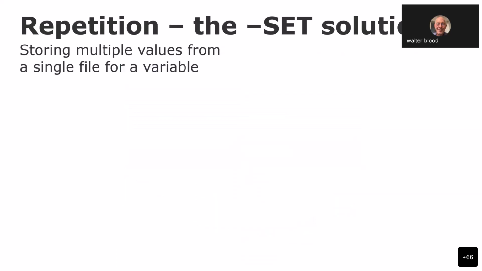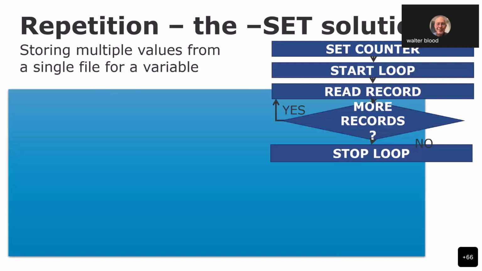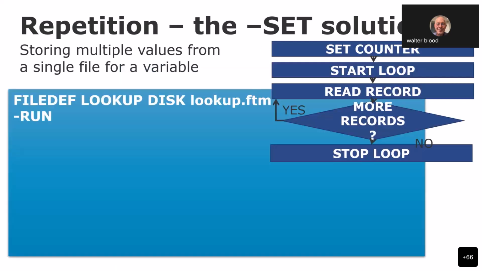And we can actually do this very easily in Dialog Manager and FOCUS. I'm going to start by defining a file that I'm going to use as my source. I'm going to set up a couple of variables. The first variable is to capture the record. I want to get a record, so I'm going to set up a variable to get that record and put it into.